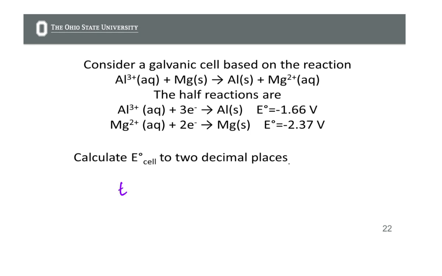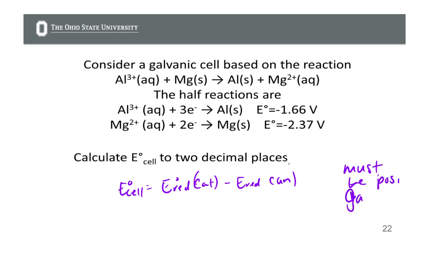All right, so our E cell is the reduction potential at the cathode minus the reduction potential at the anode, and it must be a positive value because we have a galvanic cell.